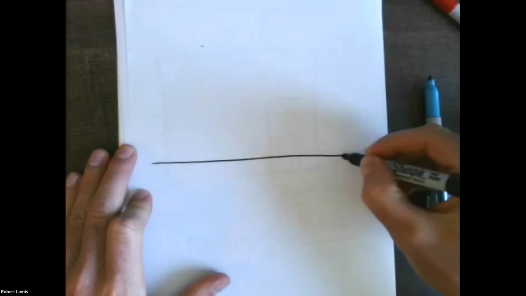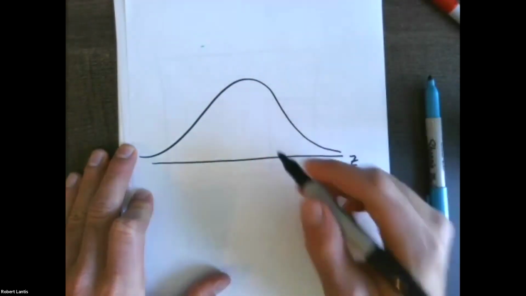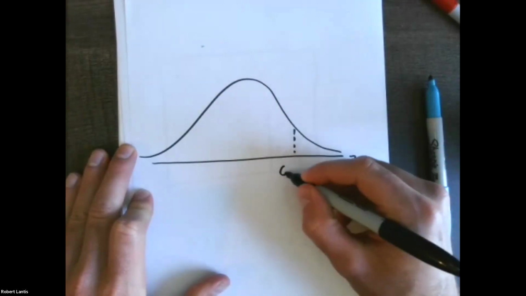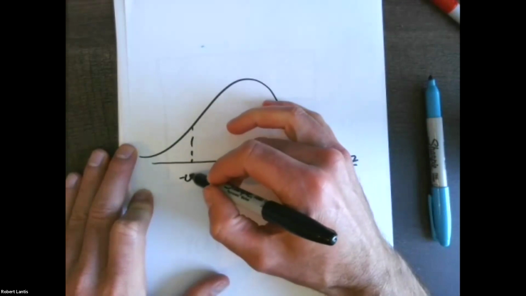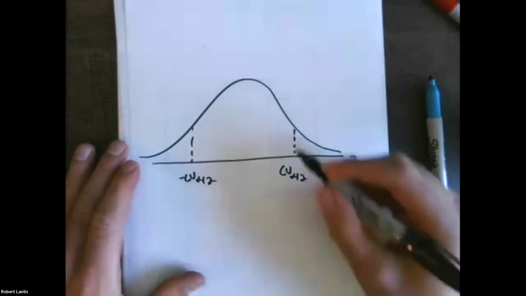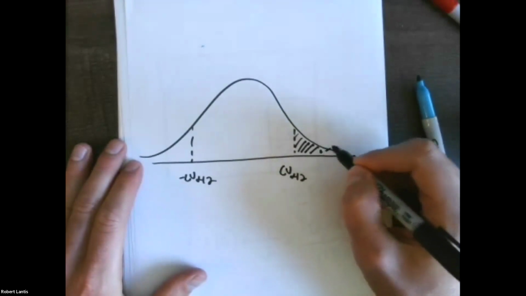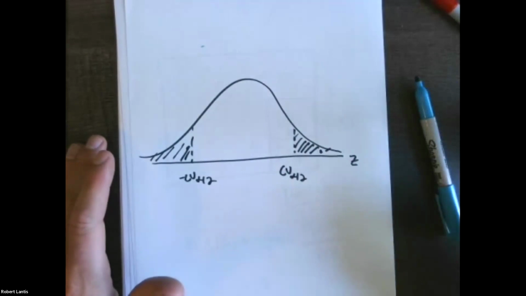In fact, just to line this up for you as well, I could even think about this as a two-tailed test. So let's say I found my critical values for alpha over 2, right? It's going to be the same value, but one's going to be positive, one's going to be negative. That's going to give me a total of alpha in the tails, right?